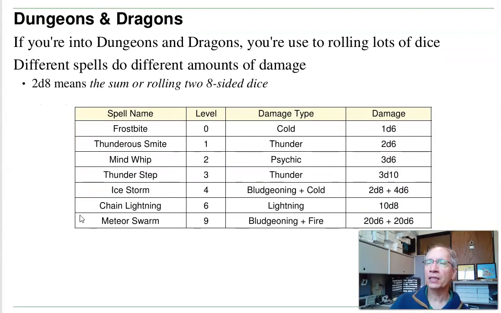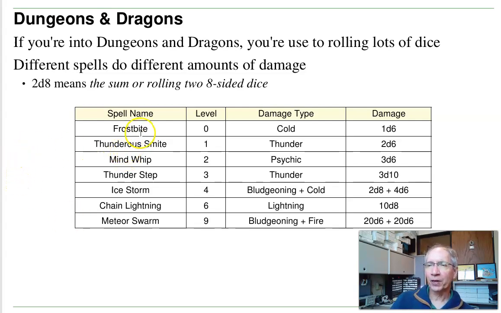So to illustrate that, let's do a bunch of different examples of dice. Dice are a good example of uniform distributions. When I start combining dice, I'm combining uniform distributions. So let's look at a couple Dungeons & Dragons spells. If you're into playing Dungeons & Dragons, you might know these spells. Otherwise, just think of it as adding a bunch of dice.